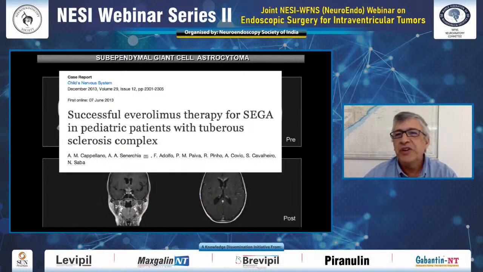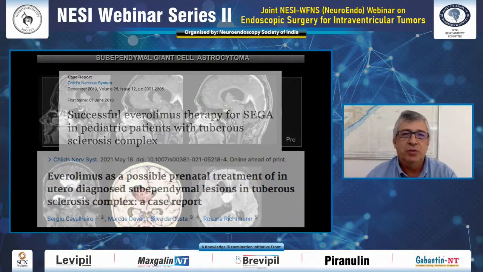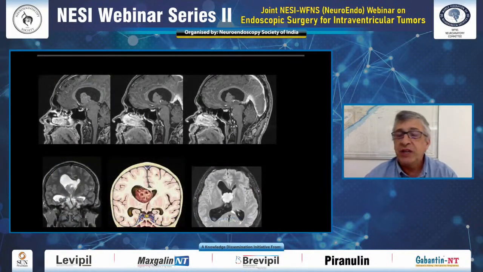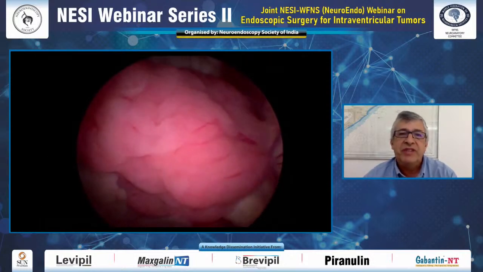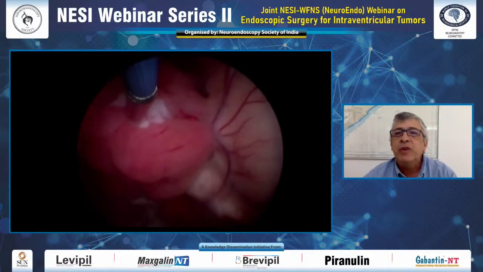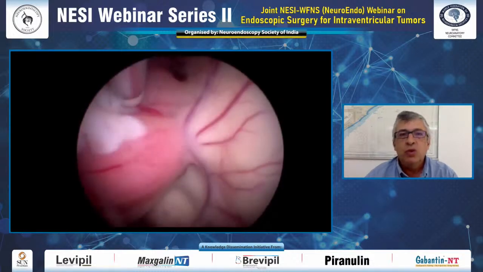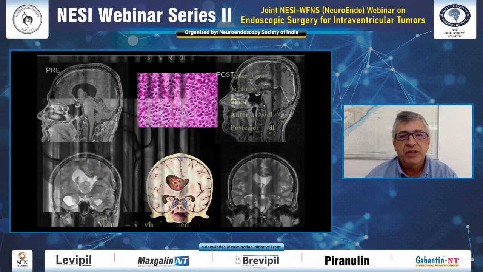Of course, you can use everolimus, and you begin to use everolimus in the prenatal period to stop the growth of this kind of tumor. Some kinds of neurocytomas, you can again coagulate before, as this tumor is very vascularized. You need to remove all the vascularization. Then with CUSA, you can try to completely resect this lesion, pre and post-operatively.